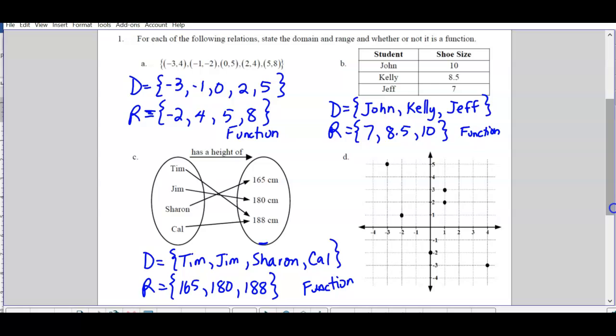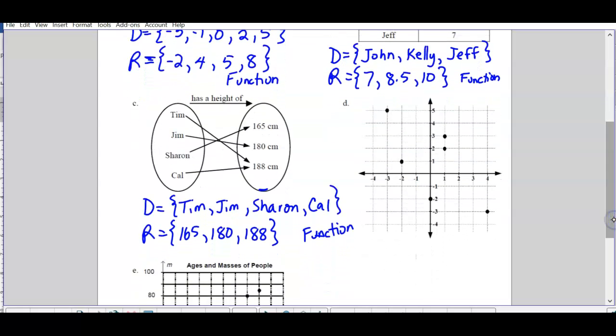Okay. Next one, domain. We need to look at the x value of each of the points. So I'm going to start from the left. So we've got x equals -3, and then -2, and then 0, and then 1. And then the range, I'm going to start from the bottom. Oh, sorry, and this one, there's a 4 there as well.